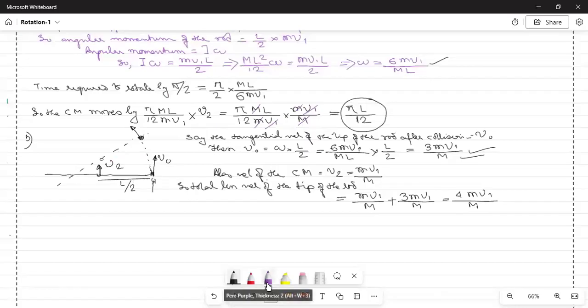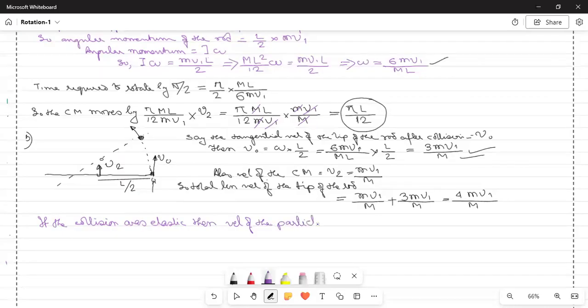Now we have almost reached the point. Now, if the collision was elastic, then the velocity of the particle will be equal to the net velocity of the tip of the rod.